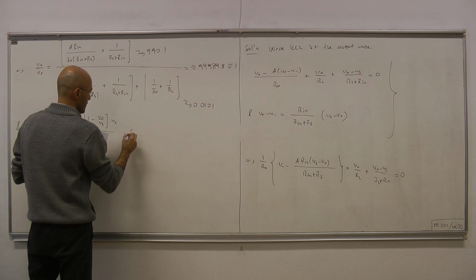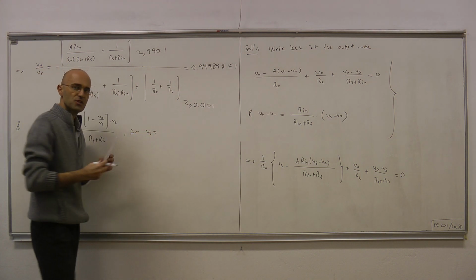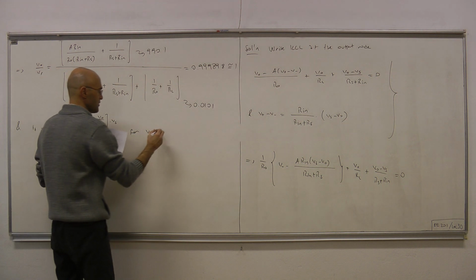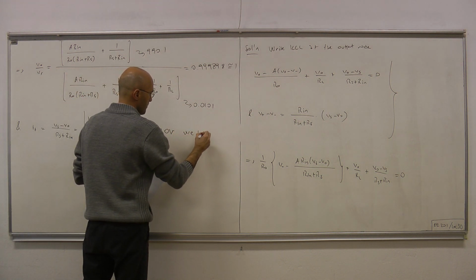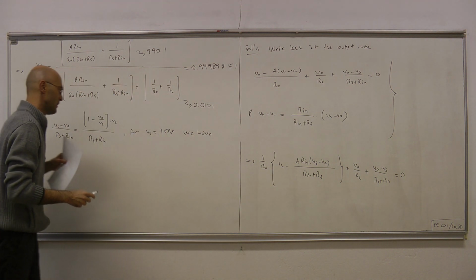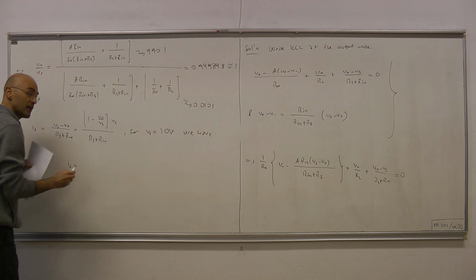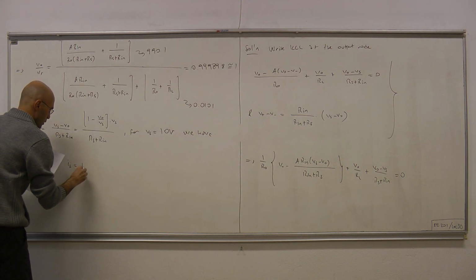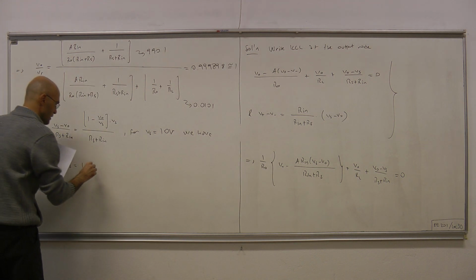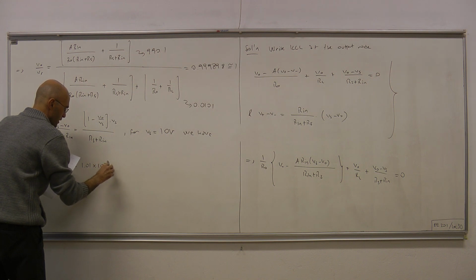Okay, and for Vs about 10 volts, let's say, the current entering the op-amp from the input terminal is 1.01 times 10 to the minus 9 amps.